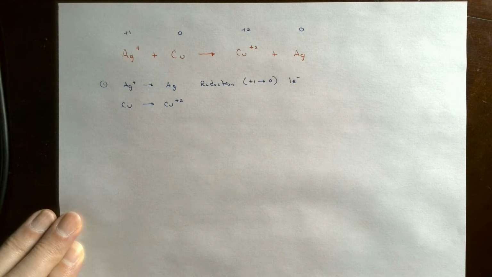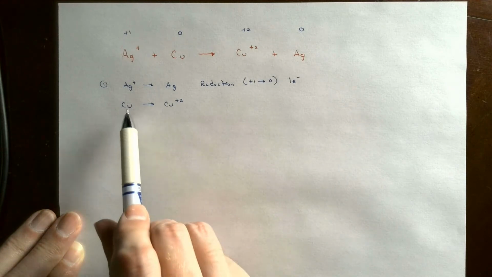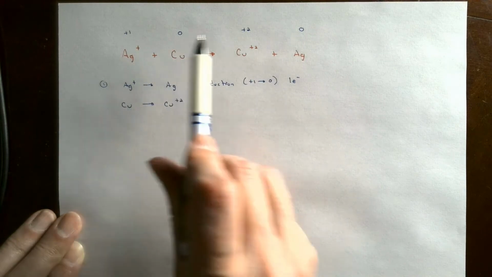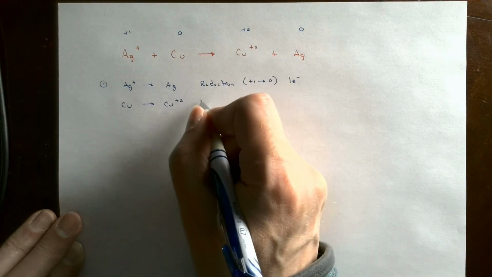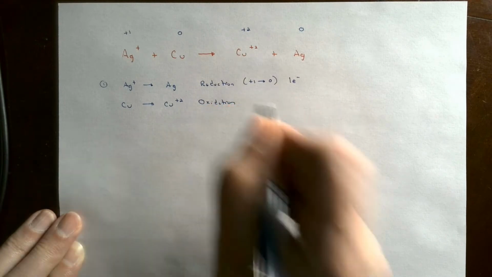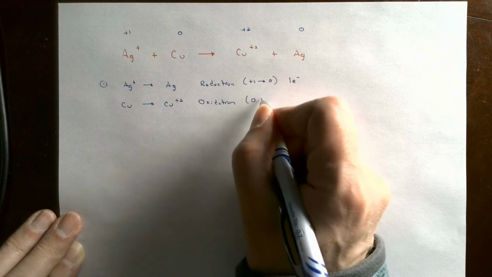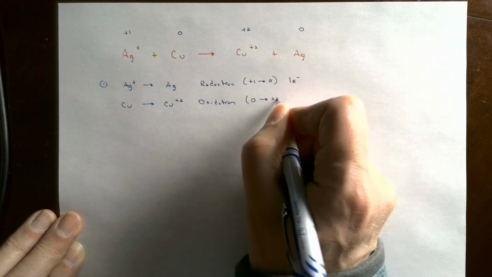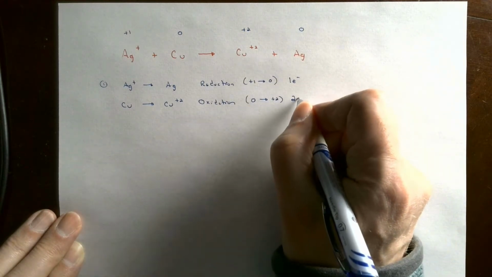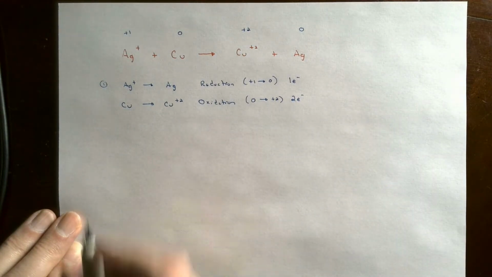So 1 electron must be transferred here. When we have copper to copper plus 2, it's going from a 0 to a +2. The oxidation number is getting larger, so this is an oxidation process, starting at 0, ending up at +2. So this is a 2 electron transfer in that half reaction.